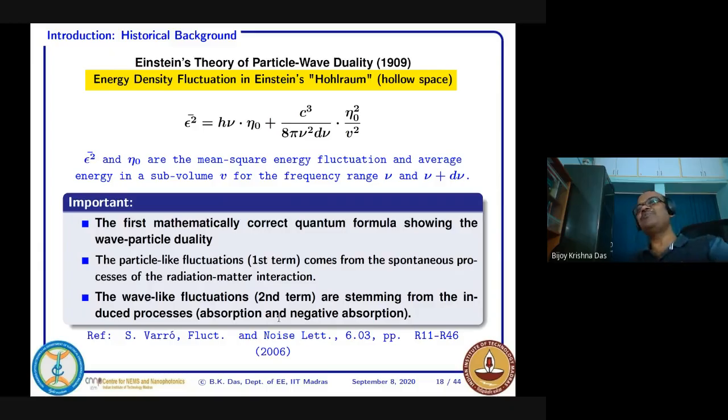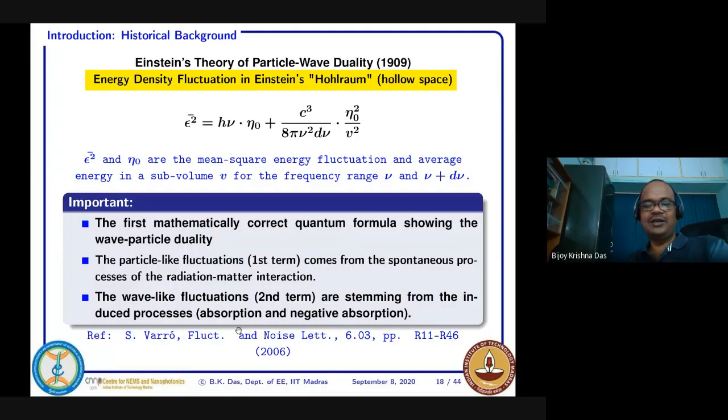Induced process means, suppose you have an electron in an excited state, and before it is coming down, because of the quantum process, an external agency comes and forces, induces something, disturbing it so that it comes down. That happens because of the wave-like nature, and that is normally called the stimulated process.